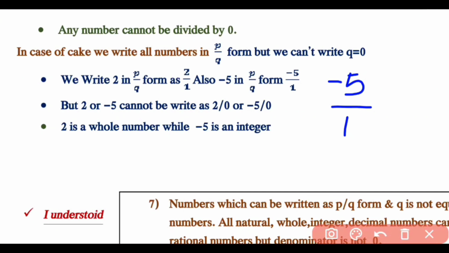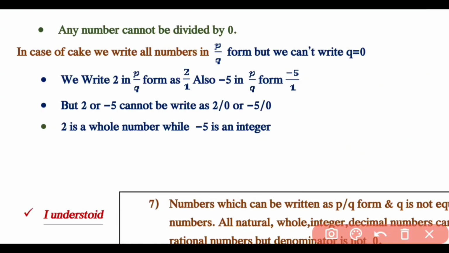If I write only minus 5, it will be an integer. But when I put 1 in the denominator, it becomes a rational number. So all the single numbers are rational numbers also.